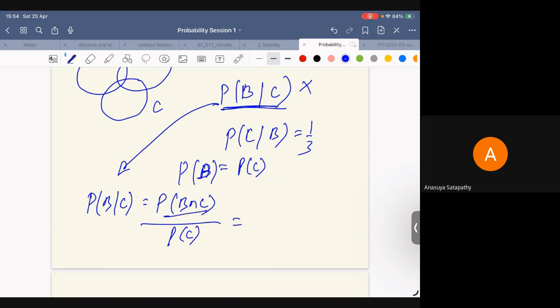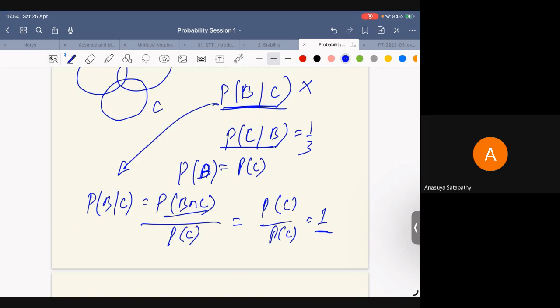Since it is intersection, what will happen? P of C by P of C. Is it 1? If they both are equal, it will be 1. That means, since it is 1, same thing. No, it cannot be 1. Let me check.